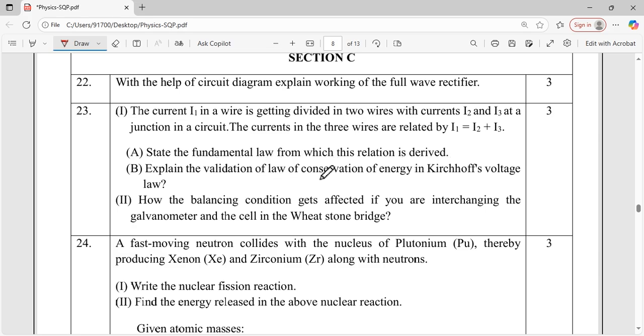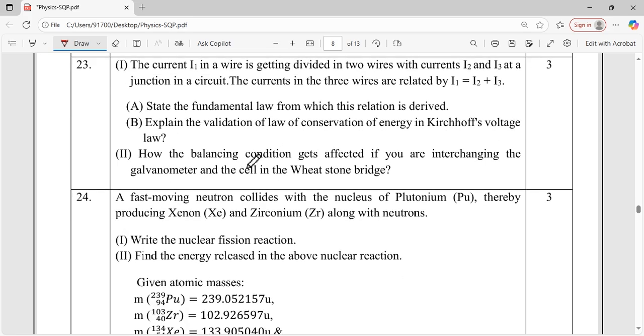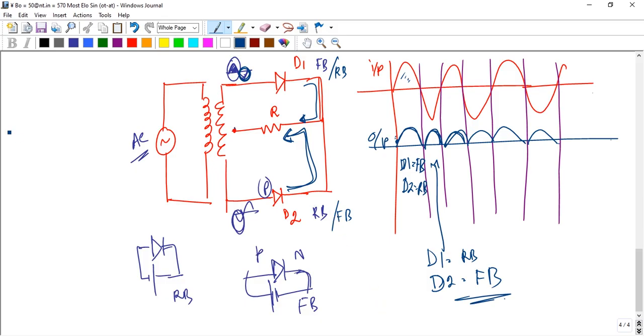Explain the validation of the law of conservation of energy in Kirchhoff's voltage law. How is the balancing condition affected if the galvanometer and the cell are interchanged in the Wheatstone bridge? That's question number 23.